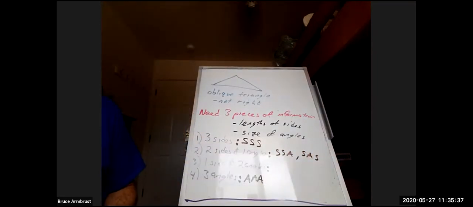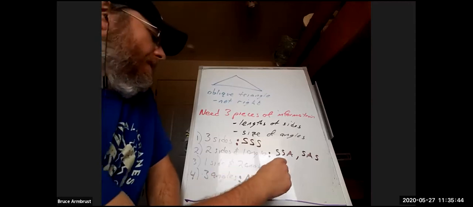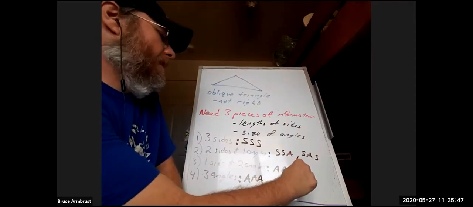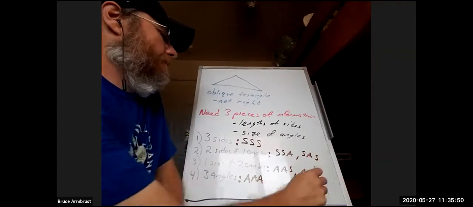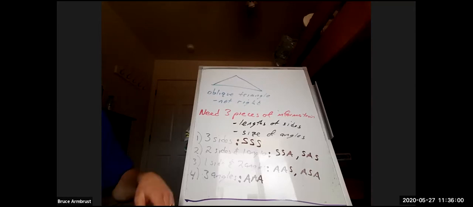I'll explain what the difference is in a second. When we have 1 side and 2 angles, it can be angle, angle, side, or angle, side, angle. So in the math world we break this into 6 different possibilities because you treat them differently depending upon which form you have. So we've got 6 of these things that we have to worry about.